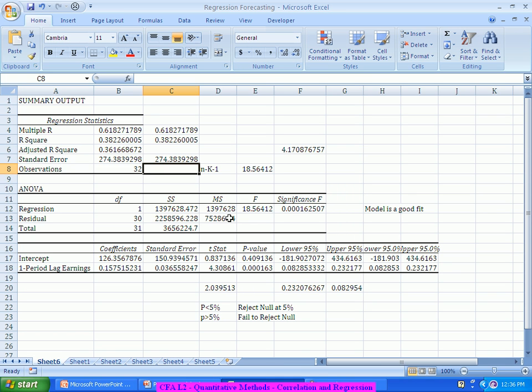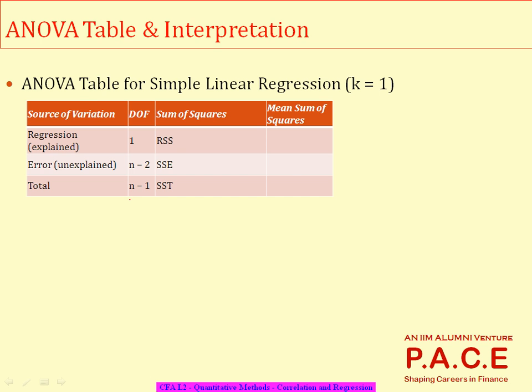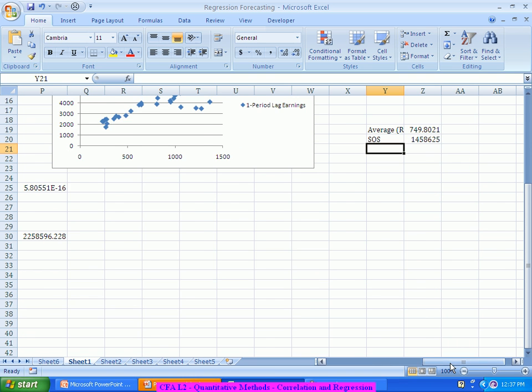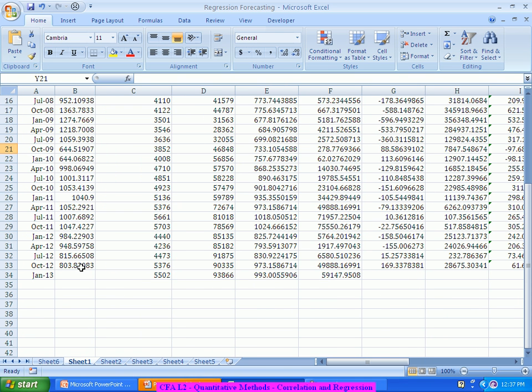And what we are saying with this standard error is, if I have to predict my dependent variable using the independent variable, let's say for the next period, if I have to predict what would be my stock price if this is the earning, how do I use this as my equation?